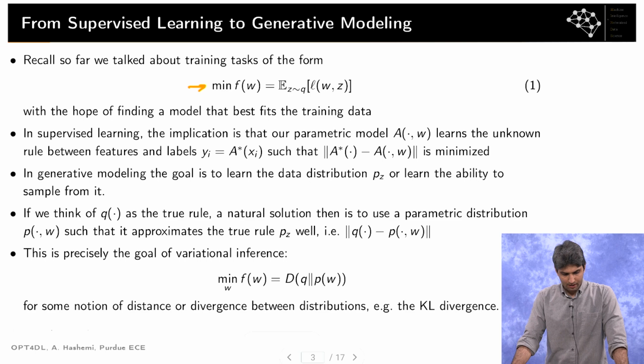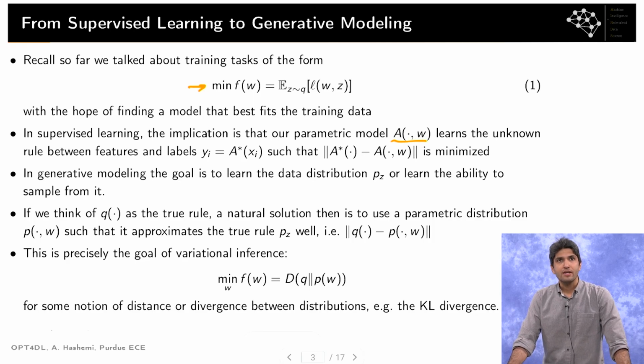And basically, as we said early on in the course, in the context of supervised learning, the implication is that we are learning parameters of a parametric model, so let's call that A with parameter W, that aims to learn the unknown rule between the features and labels.